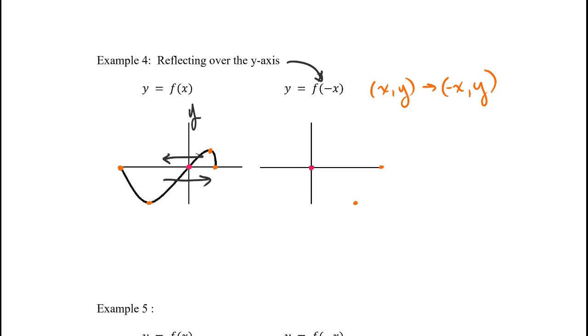And anything that's positive, like these two points here, should become negative. So roughly here-ish. And from there, again, I'm going to try and connect my points as best that I can to make it look like the previous graph. Something along those lines.